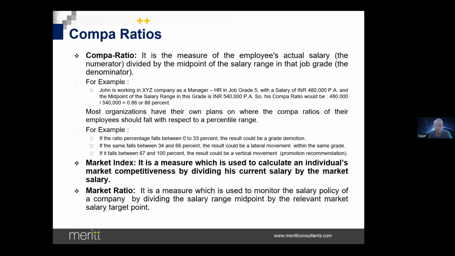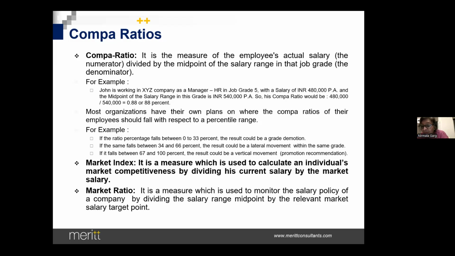We'll put a wage correction, a higher percentage of increment to the person who is below the midpoint and a lesser percentage of increment to the person at a higher comp ratio. Are you with me? Typically during the annual increment, everybody does this comp ratio calculation. Why do you think they do the comp ratio?